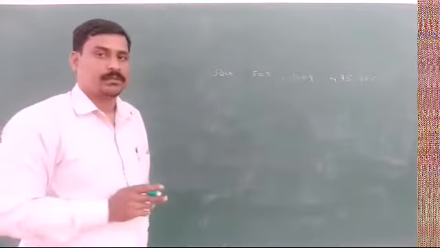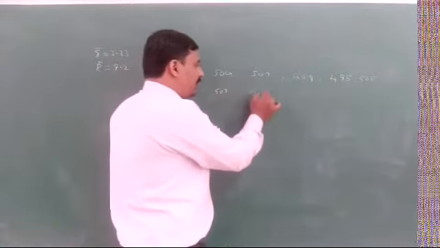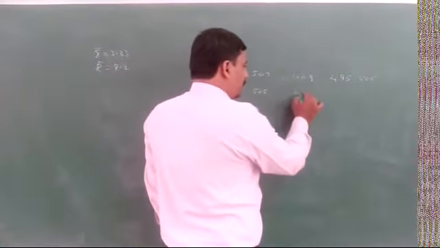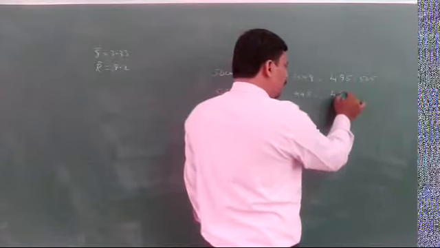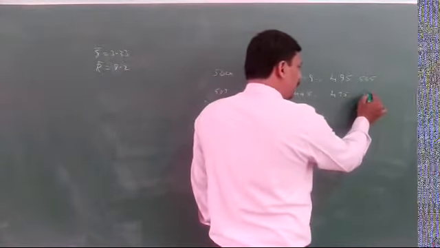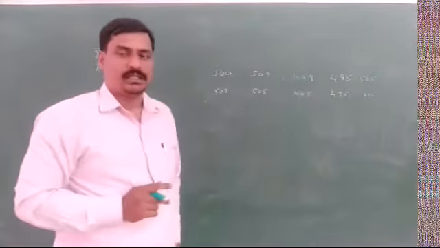So that is the first sample. Second sample: 502 ml, 505 ml, 495 ml, 495 ml, 510 ml. So this is the second batch.